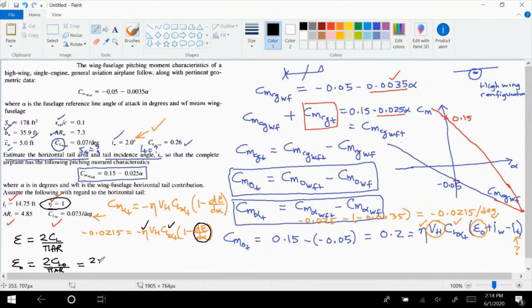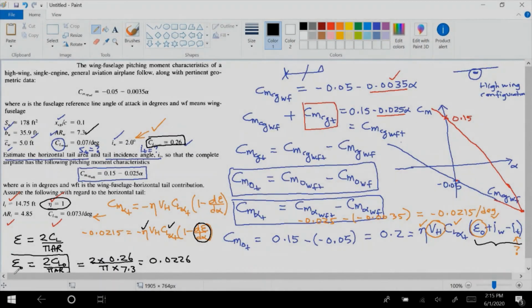So that's 2 times the lift coefficient at zero angle of attack given to us, 0.26, divided by pi times the aspect ratio of the wing, 7.3 given. So you can compute a number there by this equation and obtain the downwash angle, it will be in terms of radians.